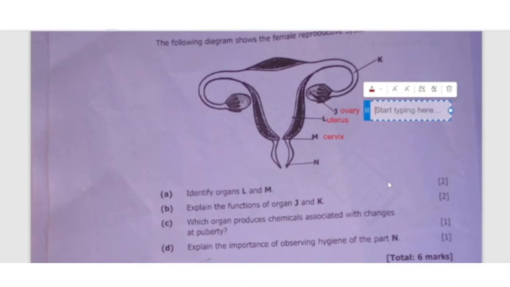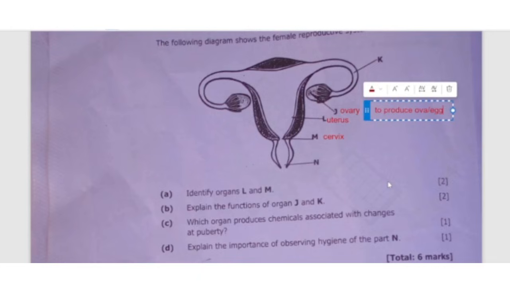The first one is to produce ova, or sex gametes. You can say ova or eggs. You can also call them eggs.